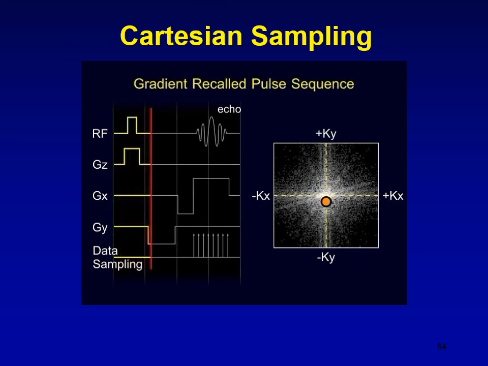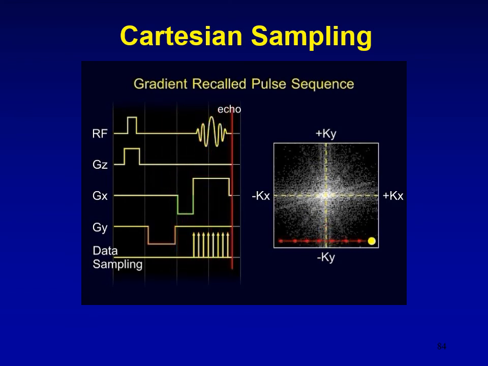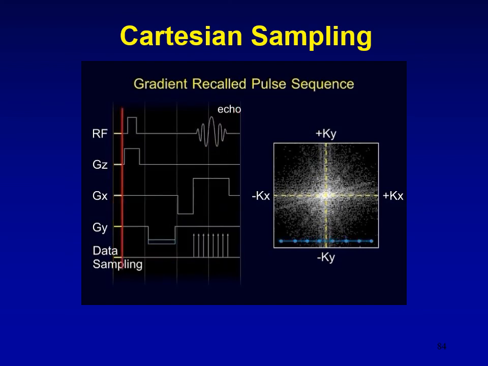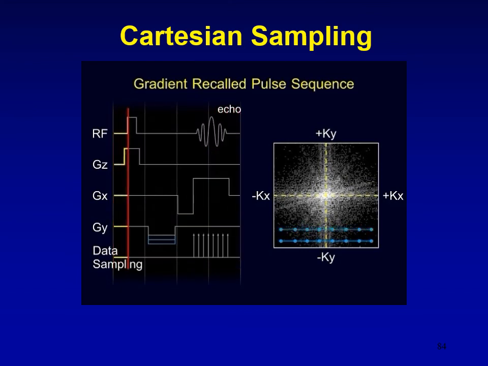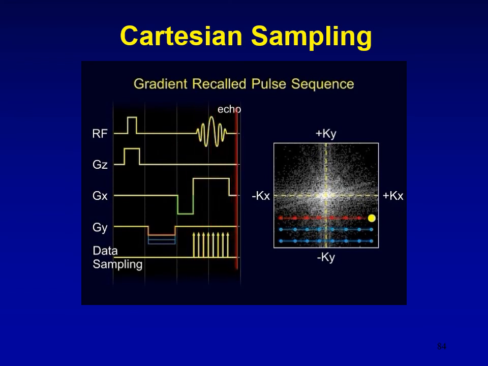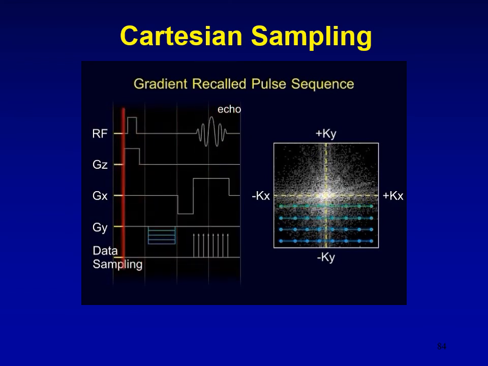First, the slice selection, negative y, followed by negative x, followed by positive x, fills one line in k-space in the horizontal direction. Second time around, the y gradient is incremented, followed by the x gradient, and this keeps happening until all the lines that are desired in k-space are achieved to get the spatial resolution that you want in your image.